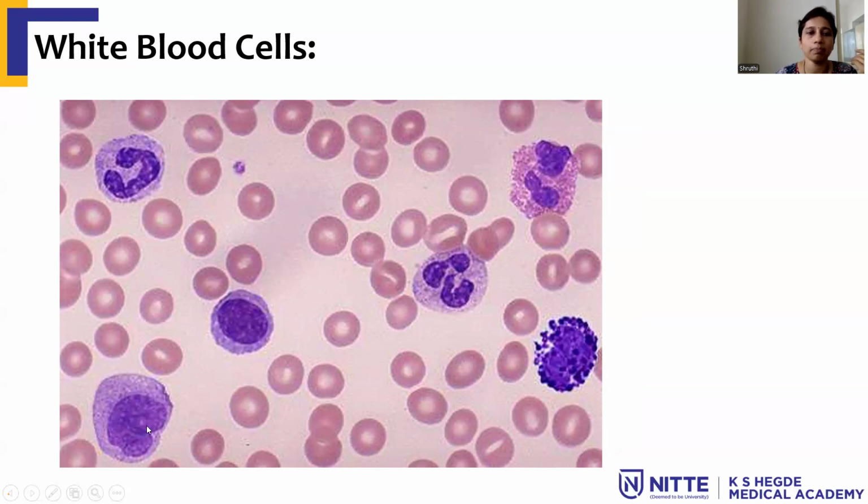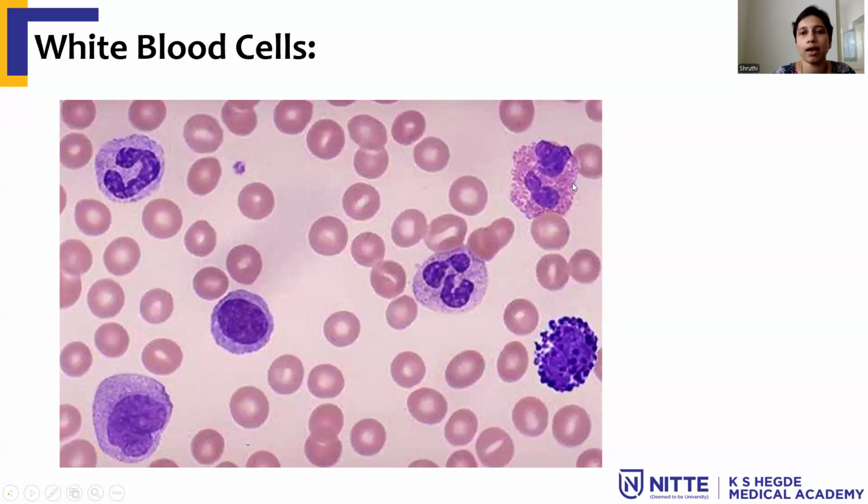So that is followed by monocyte. So monocyte has a bluish gray cytoplasm which can have a little bit of granules and vacuoles. They have a peculiar kidney-shaped nucleus. That is because of the indentation. Next, we have eosinophil. Eosinophils have a bilobed nucleus, and they have peculiar orange-red coarse granules.